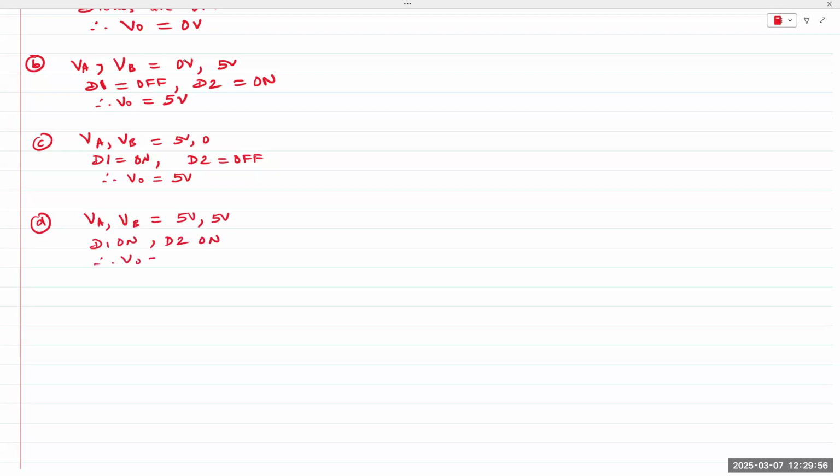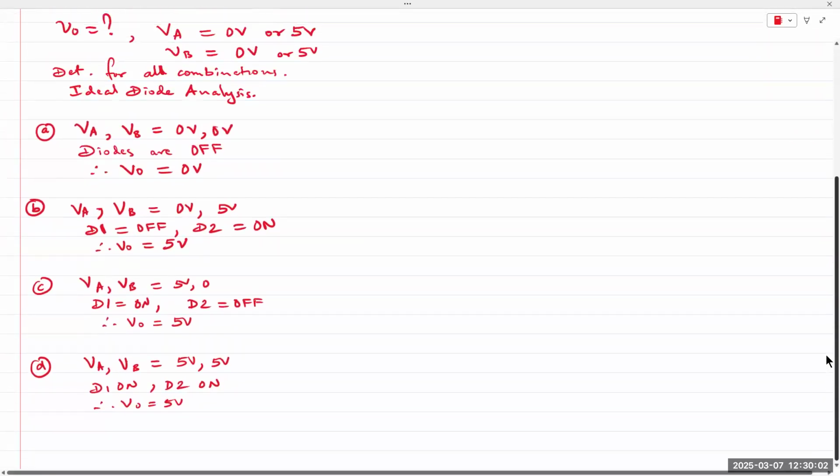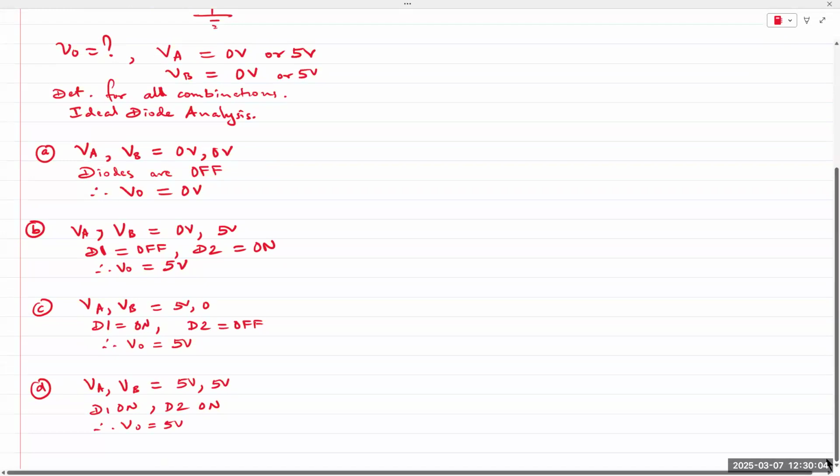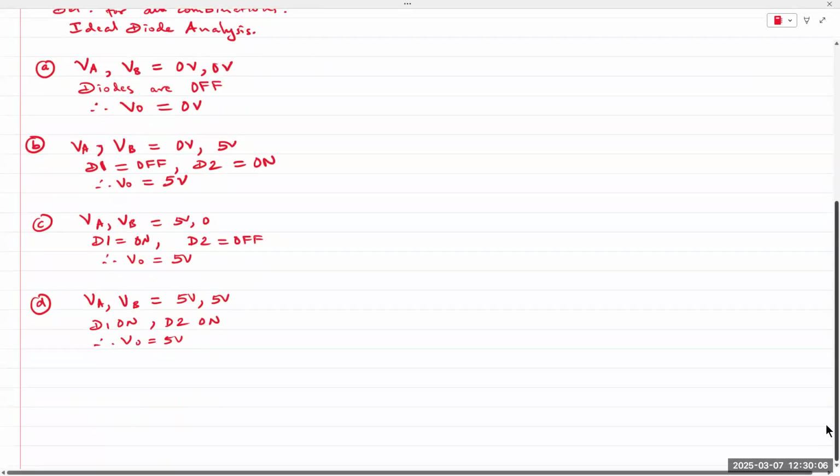So my V out is 5 volts. Now create a table for the inputs and the outputs. What do you see? What was the conclusion? It's an OR gate.